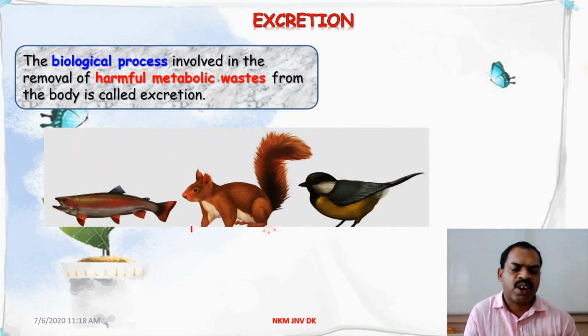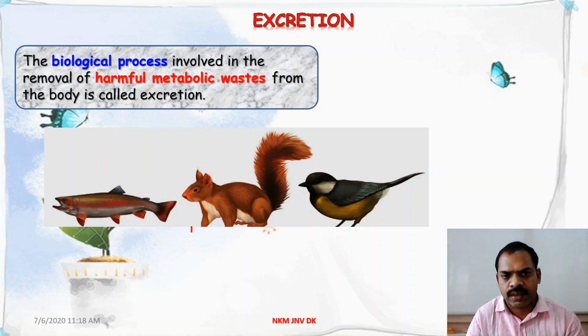Okay, so different organisms will do this in different manner. Suppose most of the fishes, they excrete ammonia. But mammals and higher land animals, they will excrete as urea.